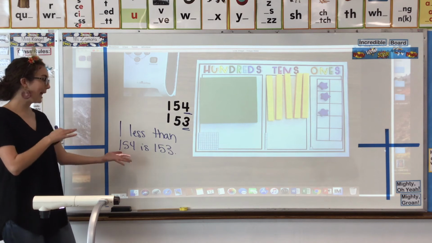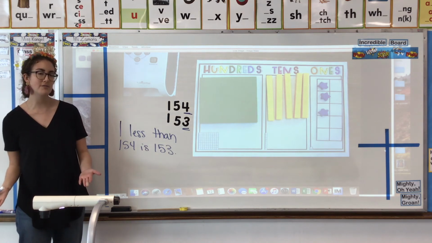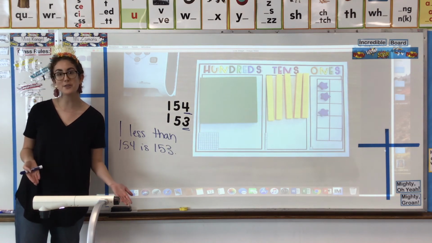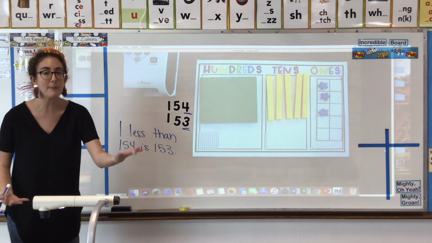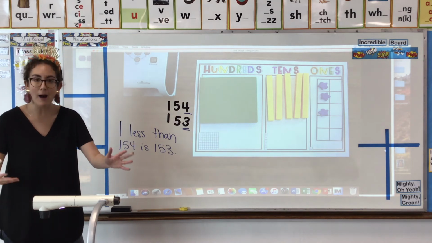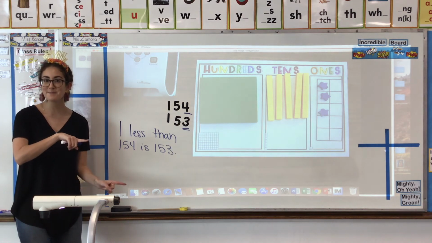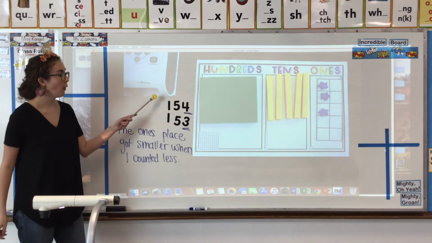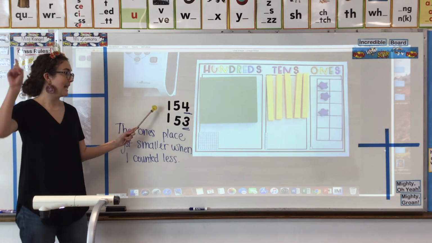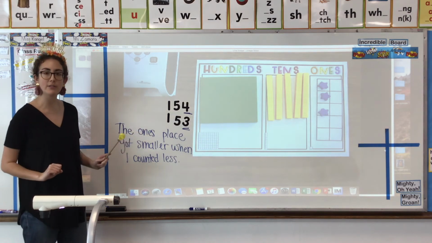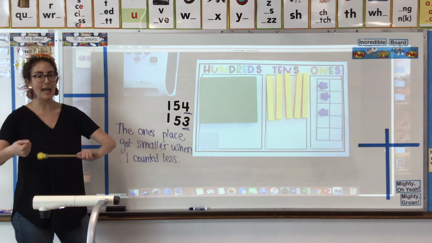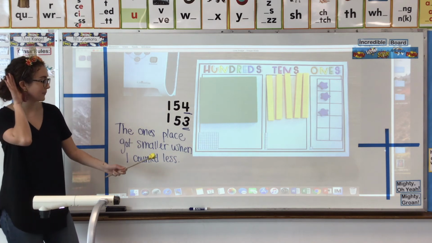Now when we say 1 less than 154 is 153, we of course want to keep going and describing how or because, which is when we could say, explaining why 154 is 1 less than 153, we can say, can everyone say it with me?